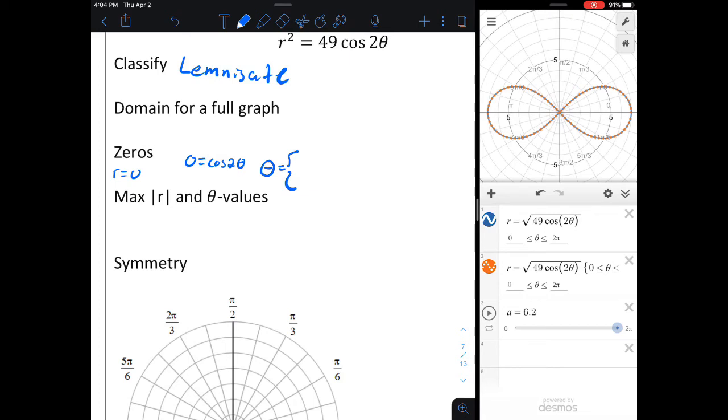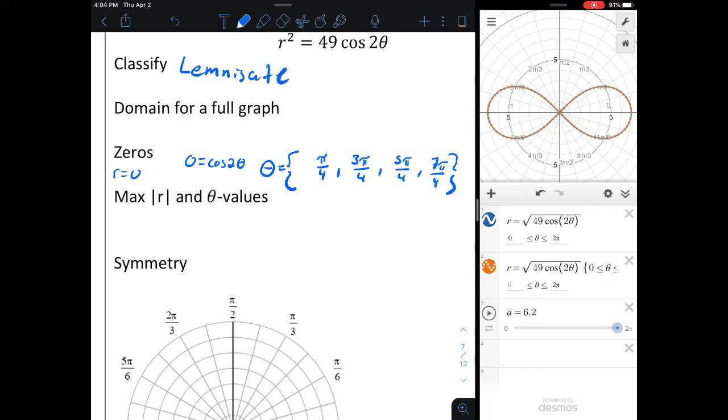And we're going to generate a list here of pi over 4, 3 pi over 4, 5 pi over 4, and 7 pi over 4, and I'm excluding 2 pi because that's the same point as 0. Well, 2 pi is technically not the same, but when it comes to making our intervals, I'm going to exclude that.